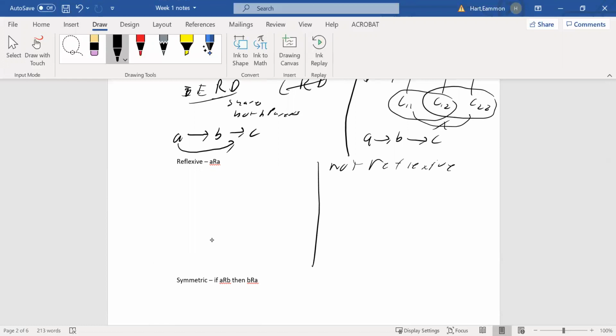One of the most obvious examples that we already talked about is less than or equal to. That is going to be reflexive, but strictly less than is not, because 2 is not strictly less than itself, but 2 is less than or equal to itself.